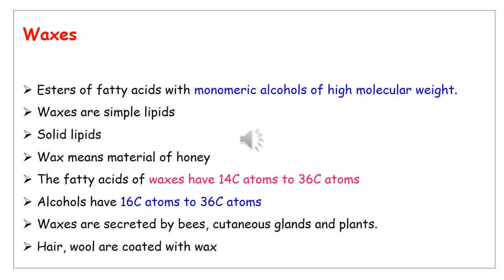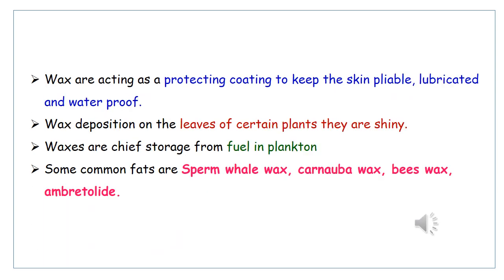cutaneous glands, and plants. The waxes are also present in hair, and wool is coated with wax. Wax acts as a protecting coating to keep the skin pliable, lubricated, and waterproof.